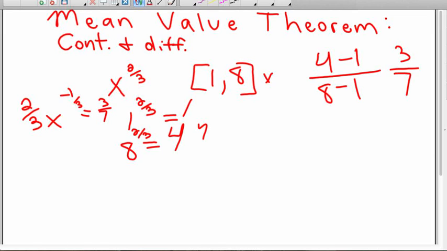First you divide by 2/3, which means multiplying by 3/2. So 9/14.